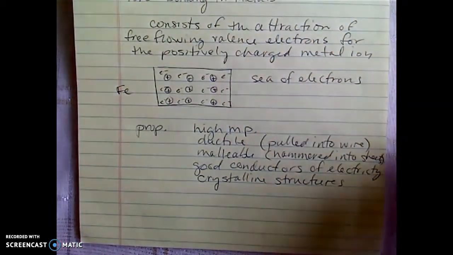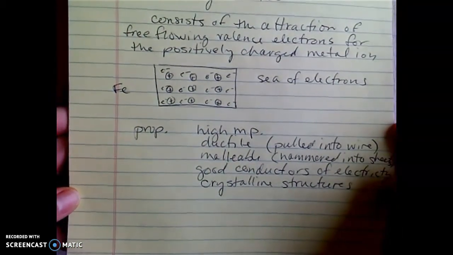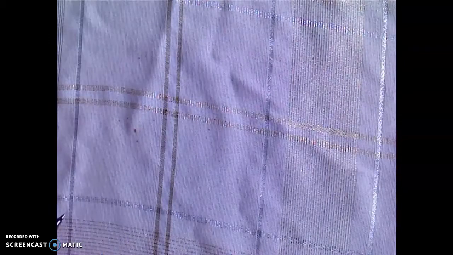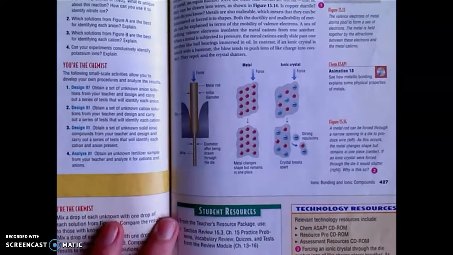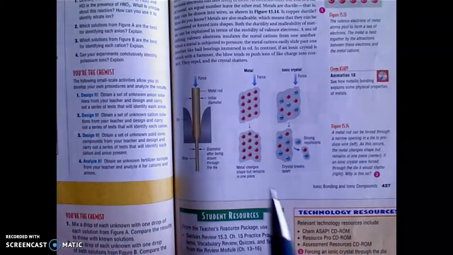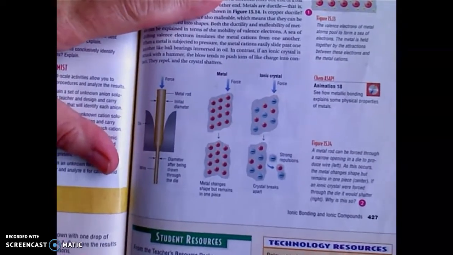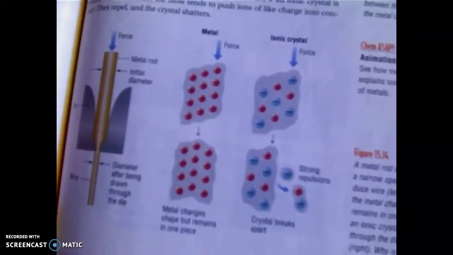What I'm going to try to do here is switch over to the book so you can see a better drawing than what I can do. All right. So if you look right here, this is what our metal looks like. Let me get a little bit closer so you can see a little bit better.